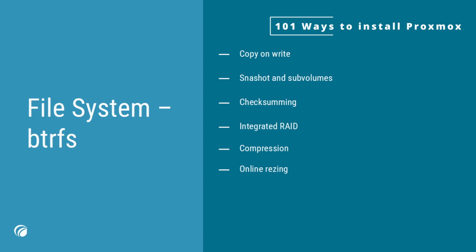BTRFS checksums both data and metadata using CRC32C, which immediately detects any potential data corruption. There is integrated RAID support for RAID 0, 1, 10, 5 and 6. Compression can be zlib, LZO or ZSTD, which improves disk usage and I/O performance. And online resizing is also possible.